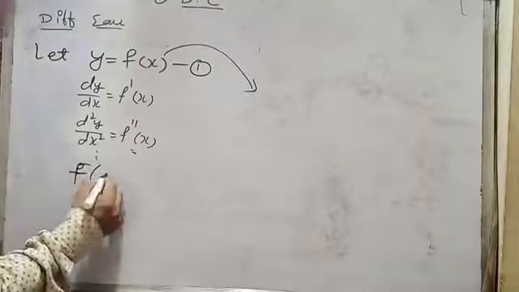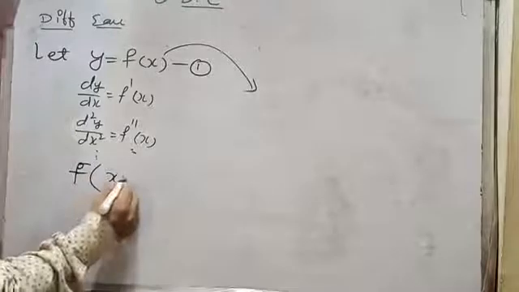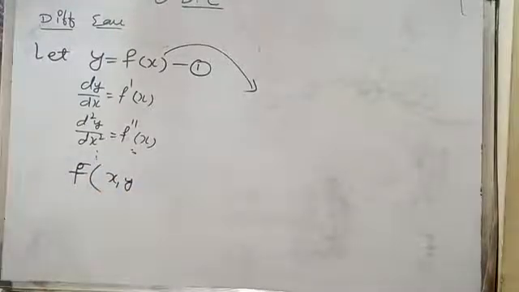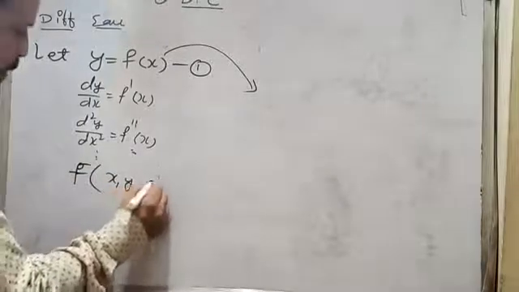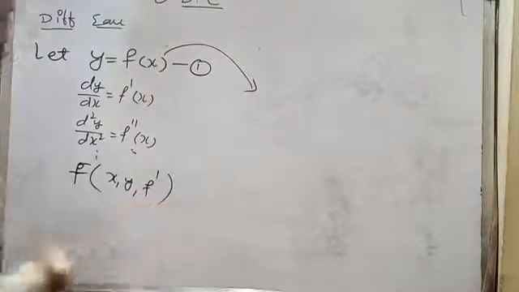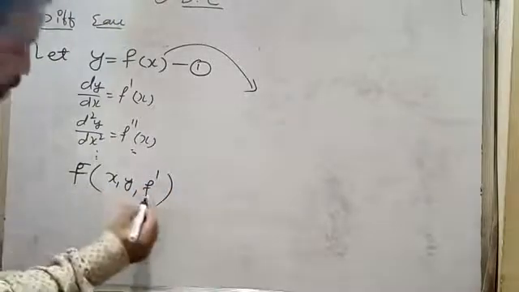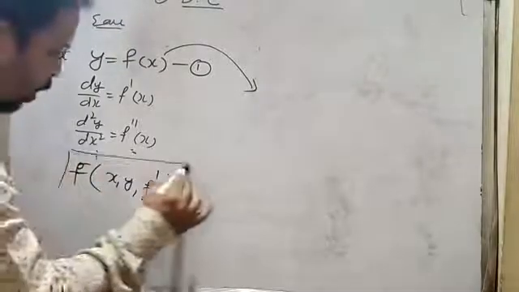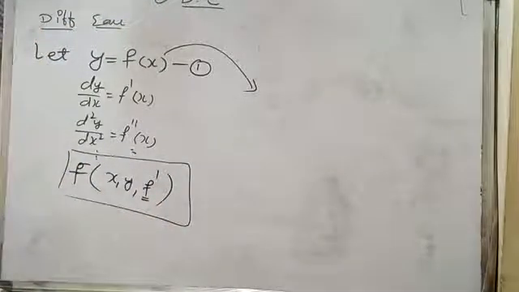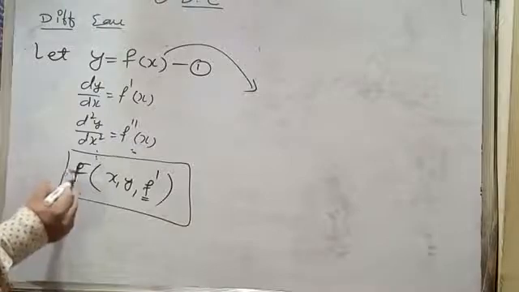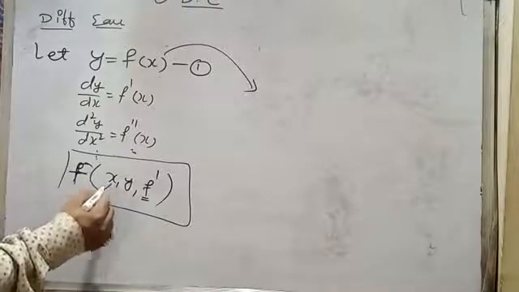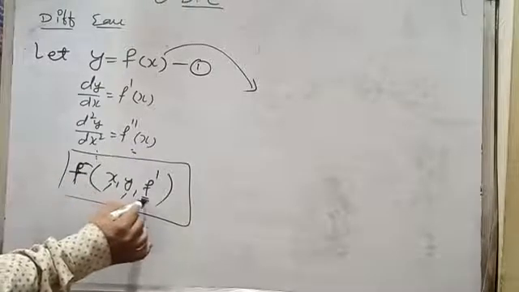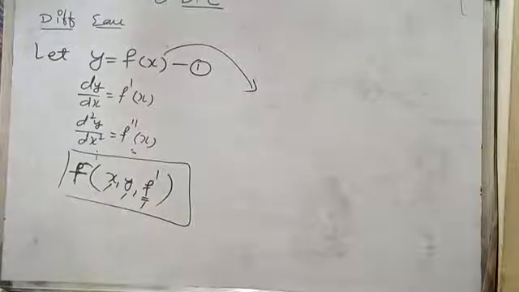So if you write x, y, and the derivatives are there, then this type of function is called a differential equation, right? This type of function is a function which has x, y and its derivatives.